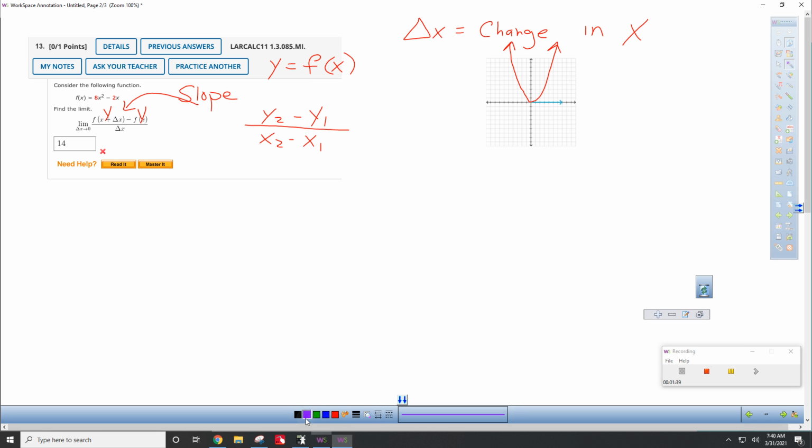And the derivative is an equation that gives you the slope of the tangent line at any point.